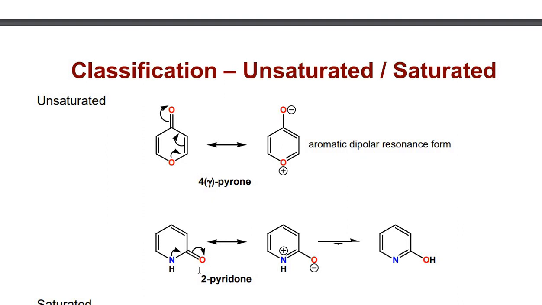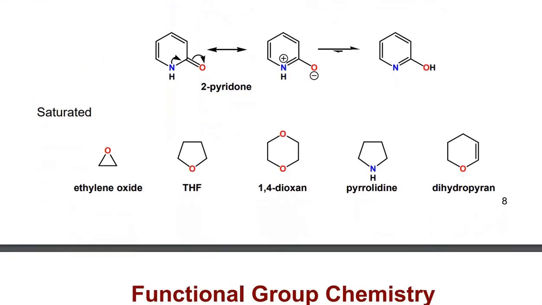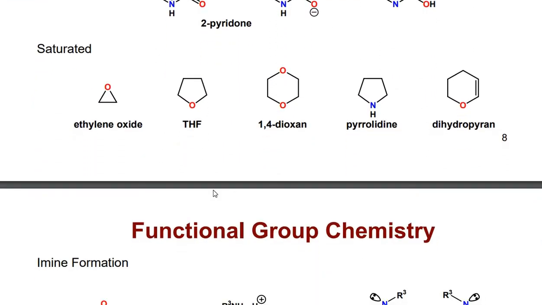Now at the second position, 2-pyridone, it is also dipolar, here positive and negative. Now saturated: ethylene oxide, THF tetrahydrofuran, 1,4-dioxane, pyrrolidine, dihydropyran.